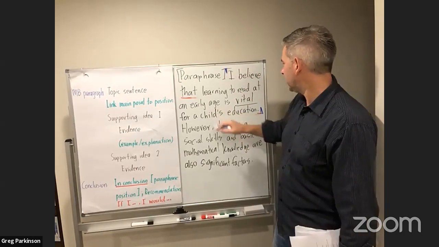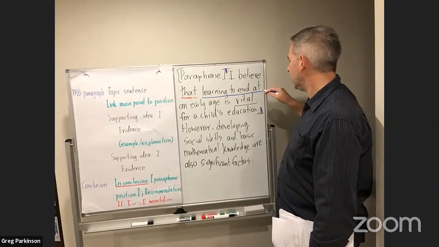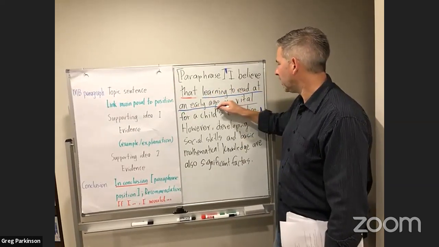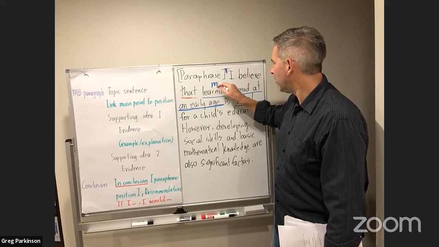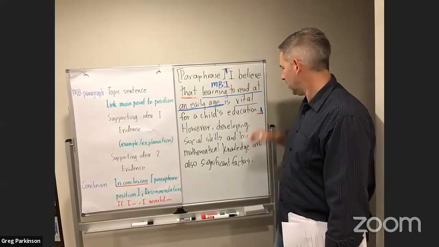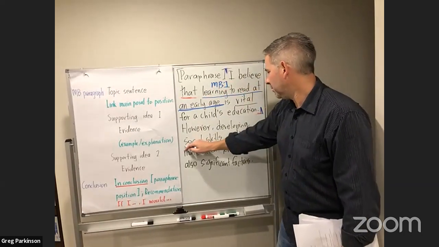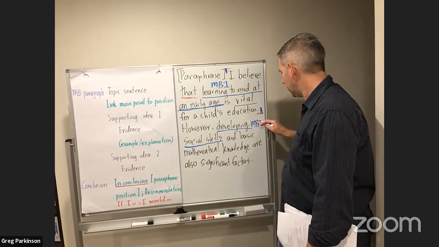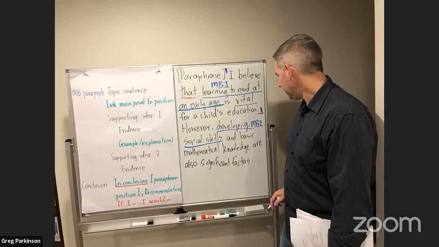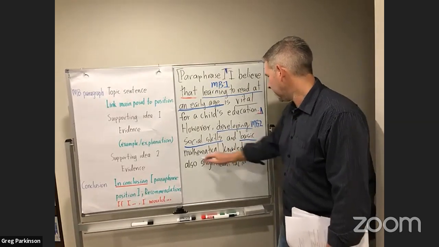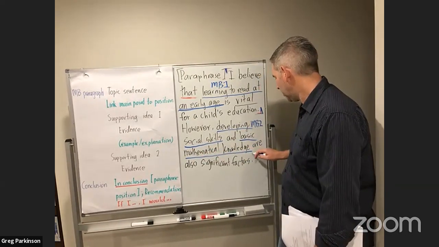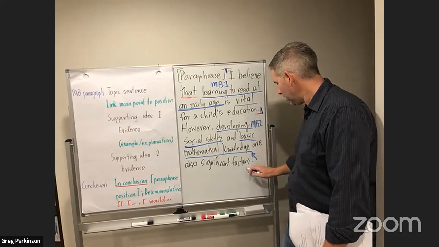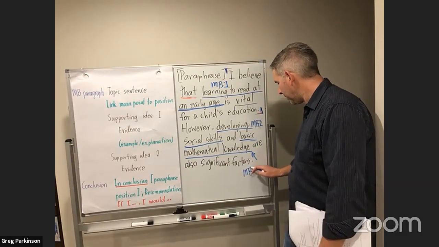So in other words, learning to read at an early age, right? So that will be main body 1. Developing social skills will be main body 2. And then basic mathematical knowledge will be main body 3, right?